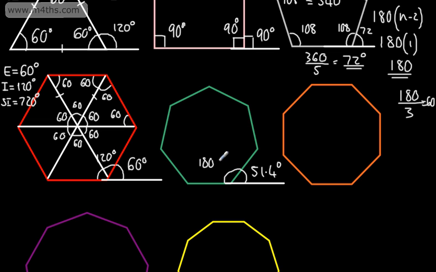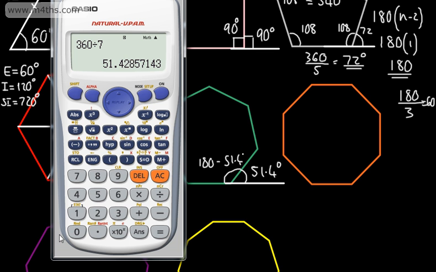And then all we're going to do is this angle right here is going to be 180 minus the 51 point something. So let's go ahead and find that. If I do 180 minus my answer, that gives me the interior, which is 128.6. You can do that in your head if you like, and that's correct to one decimal place.